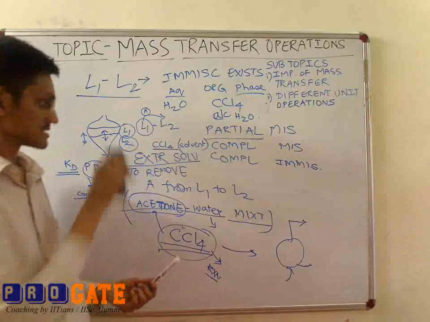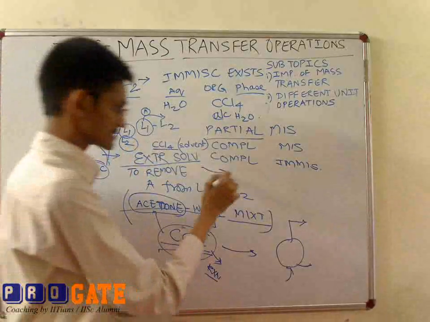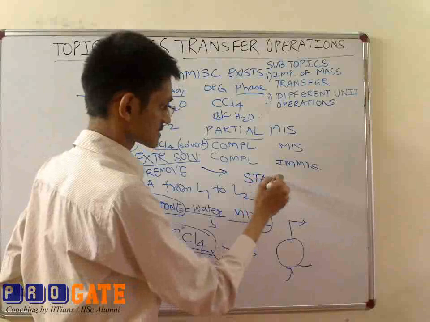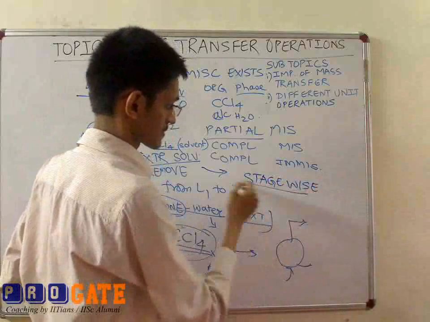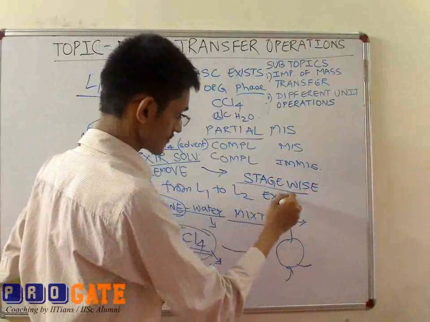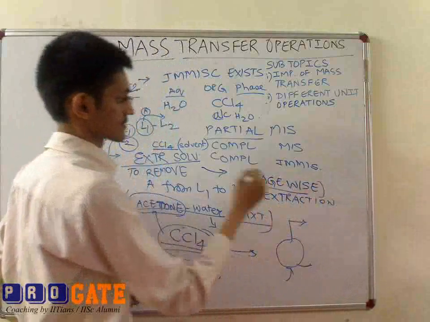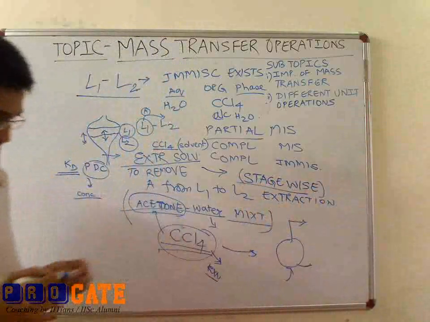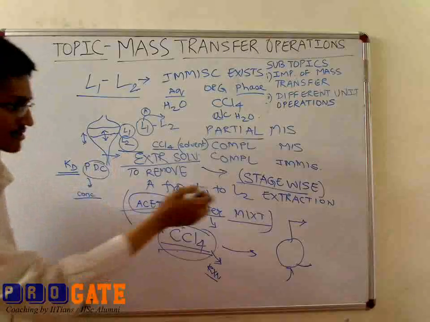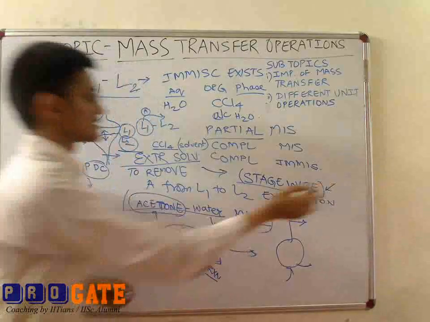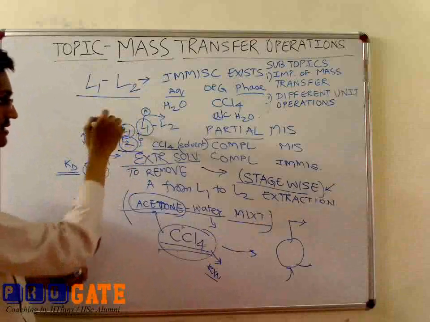So this is basically what we do in the lab, and this is called as the stage-wise extraction. Extraction is basically the unit operation, and stage-wise. Why? Because we have L1 and L2 phases brought into contact and allow it to settle.